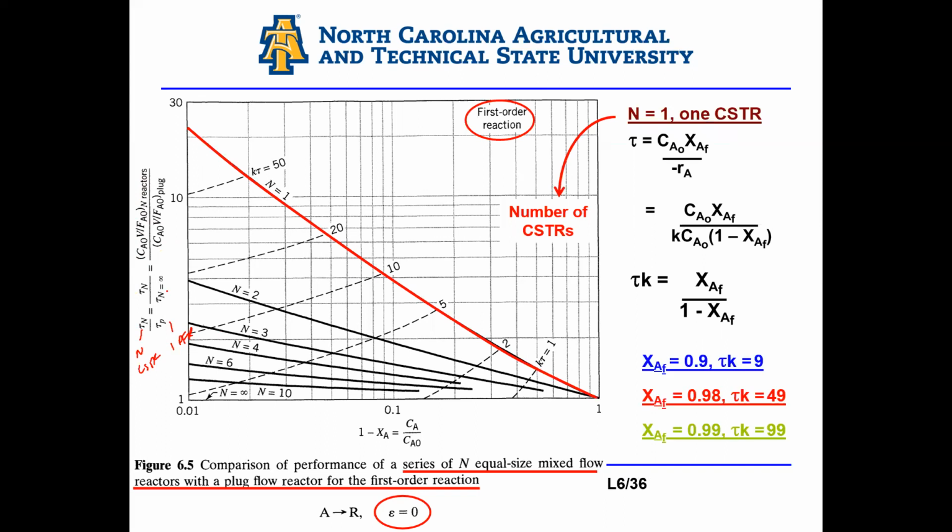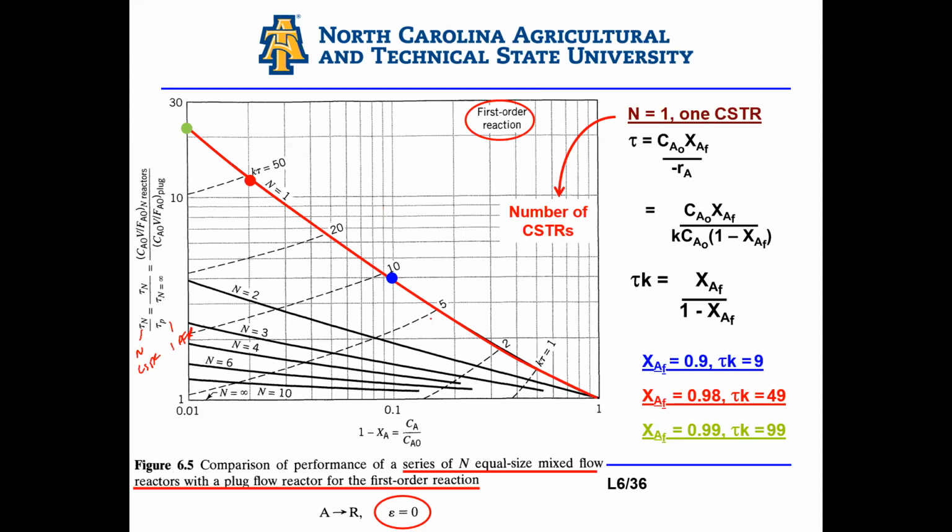The idea here is you need to think, if I'm comparing the volume of CSTRs, am I better off just using a larger CSTR versus using multiple CSTRs in series? This is what I'm trying to say here.